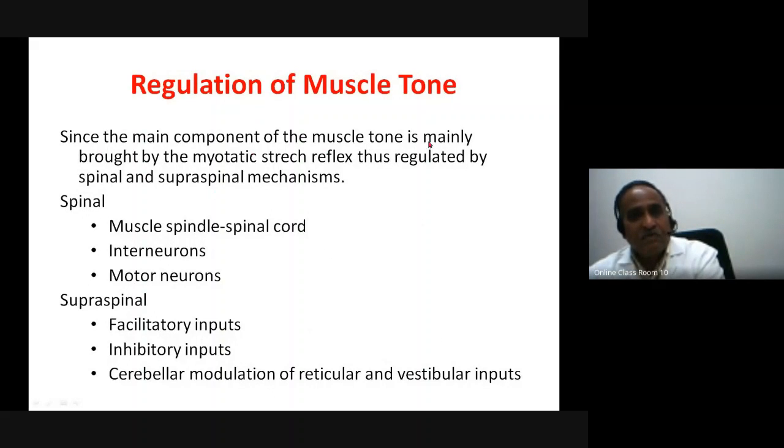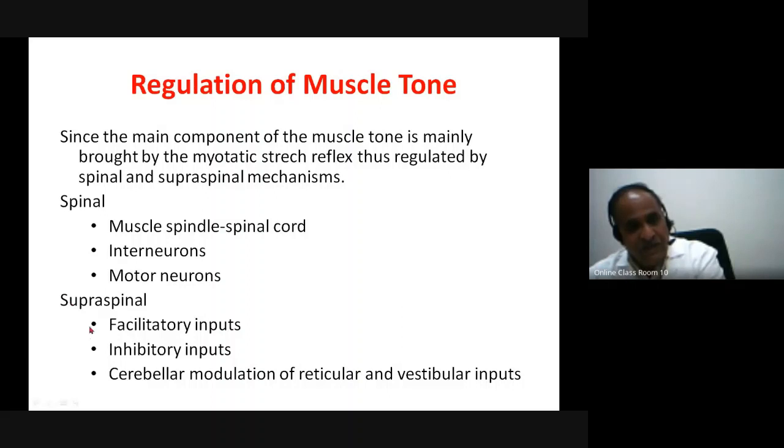Since the main component of the muscle tone is mainly the myotatic stretch reflex, it is regulated by the spinal and supraspinal mechanisms. The spinal mechanisms include the muscle spindle and spinal cord, the interneurons in the spinal cord, and the motor neuron in the spinal cord.